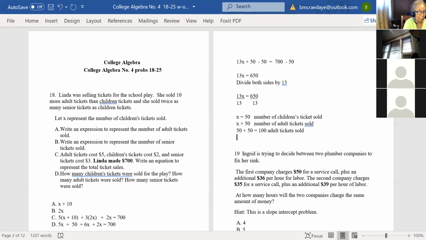Now, Audrey, how many senior tickets were sold? The number of senior tickets was twice the children, so that's 2x, right? We already defined that earlier. Number of senior tickets sold.